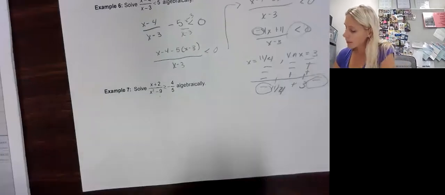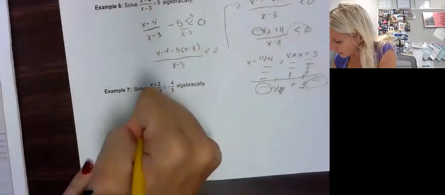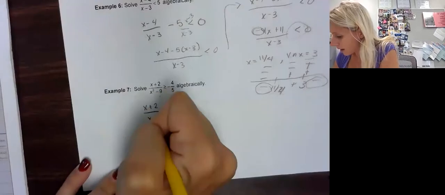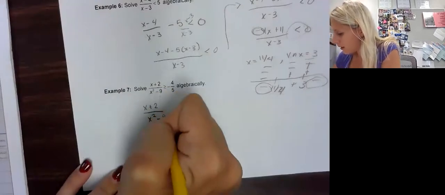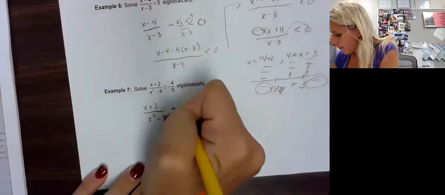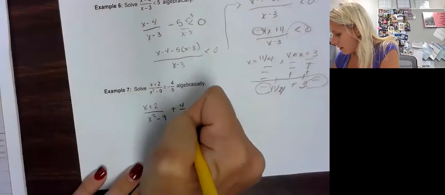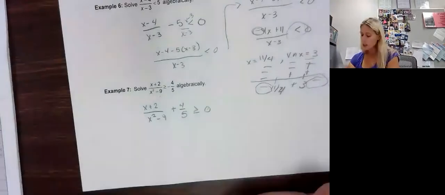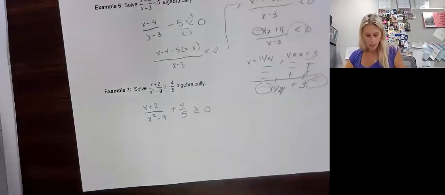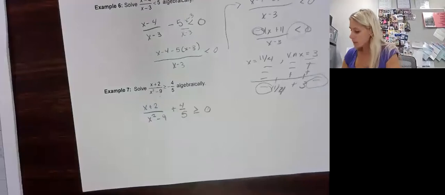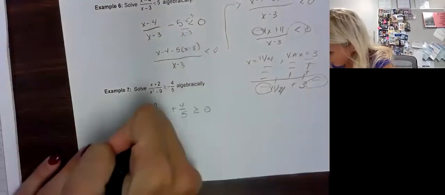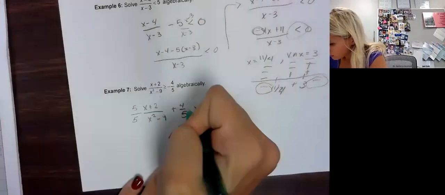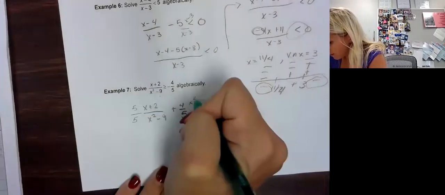So I'm gonna move everything over to the left side, so I get x plus 2 times x squared minus 9, so that's gonna be plus 4/5 is greater than or equal to 0. Common denominator, okay? So what is this one missing? This one's missing a 5. And this one's missing an x squared minus 9.